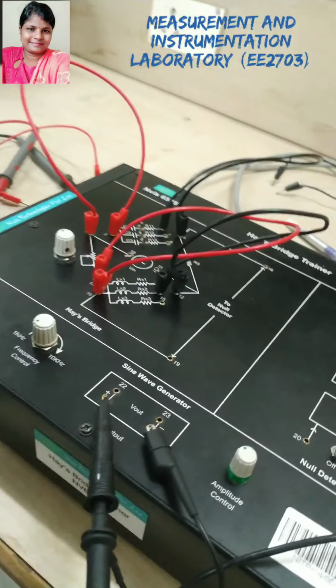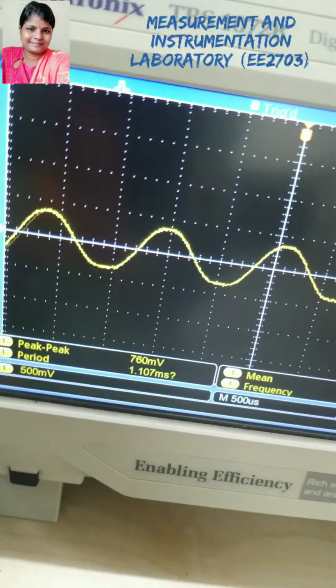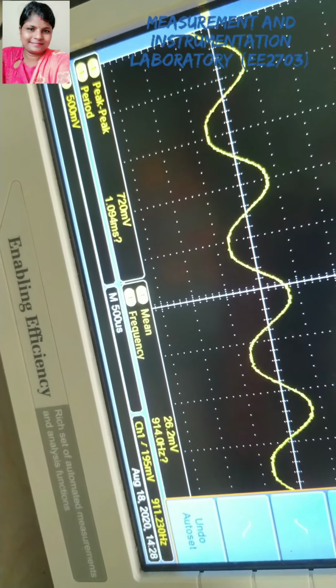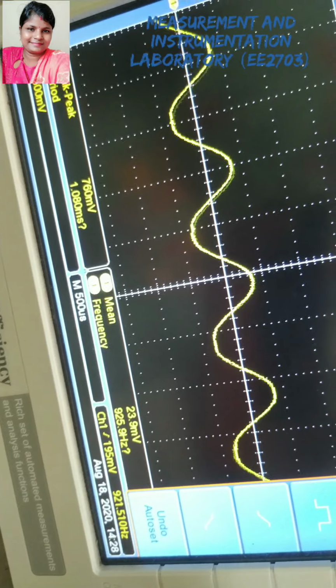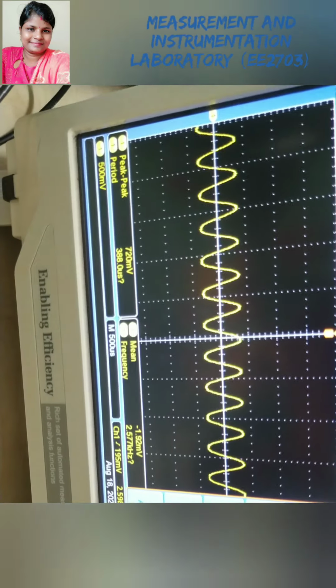Next, increase the frequency control slowly and set the frequency 2.6 kHz. So here now 2.6.